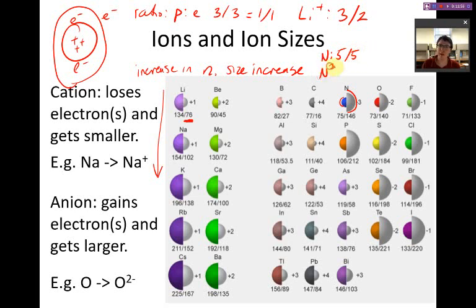However, if we look at nitrogen 3-, it has 5 protons and 8 electrons. There are then fewer protons to pull those electrons in, and so as they repel each other, they spread out in order to minimize the repulsions. And that increases the size of the anion relative to the parent neutral atom.